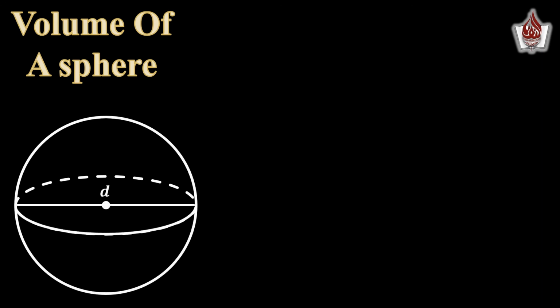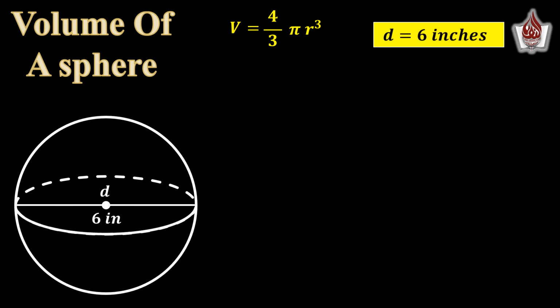That is how to find it. Now again, to find the volume of this sphere, use the formula V equals 4/3 pi r cubed. But here, since the given is the diameter, where diameter equals 6 inches, we need to divide the diameter by 2 to get the radius.